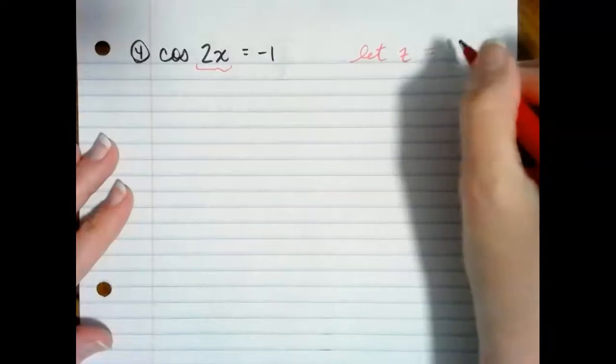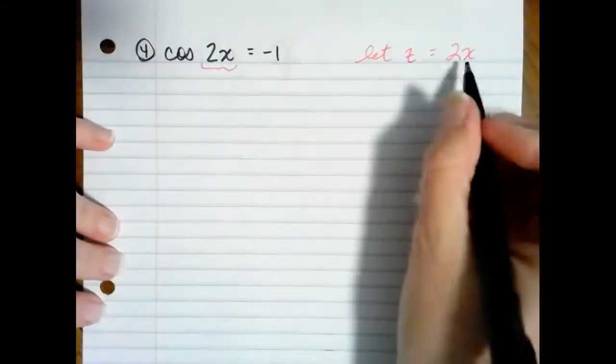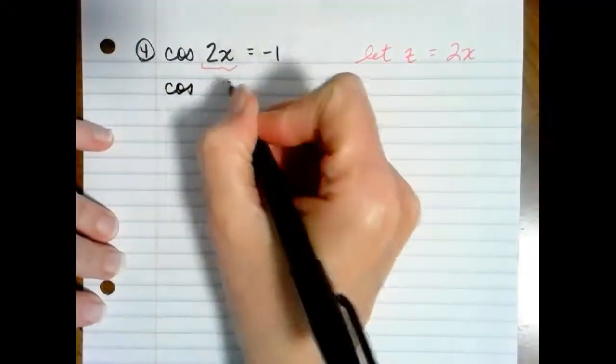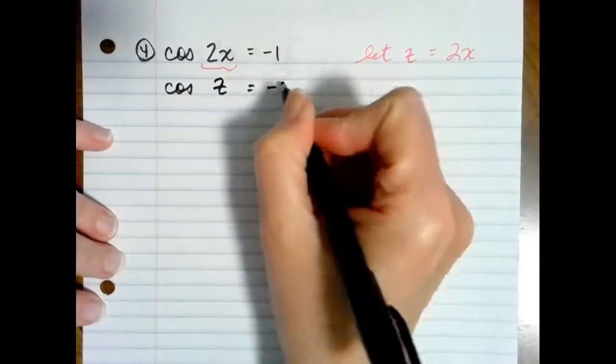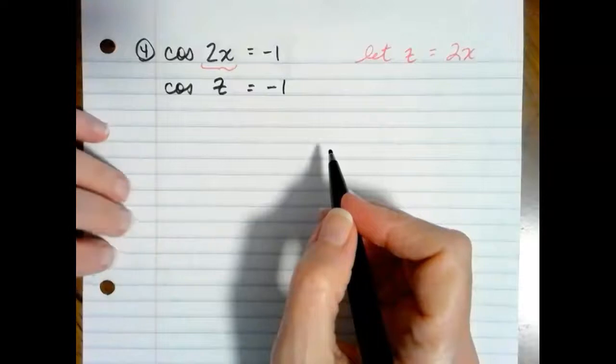Let z equal 2x. So in order to do this problem, we are going to have to depend on our knowledge of general solutions. So we're going to introduce this new variable, cosine z equals -1. Now when we do that, it's easy to solve for z.